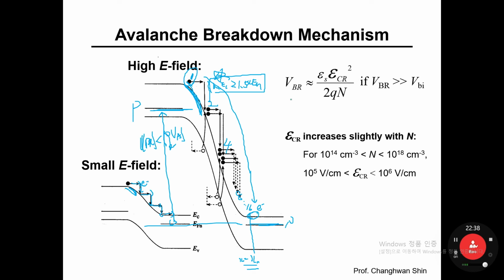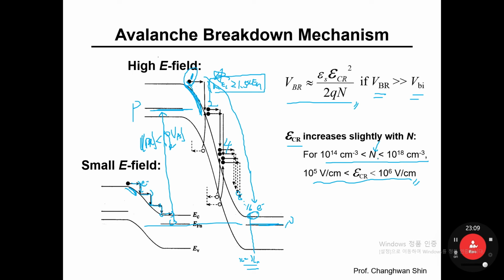Okay, and that breakdown voltage can be expressed with this equation. And definitely the breakdown voltage is much higher than the built-in potential. And herein the intensity of the critical electric field can be found within this range for the doping concentration 10 to the 14 to 18. So herein N indicates the lightly doped side carrier concentration.